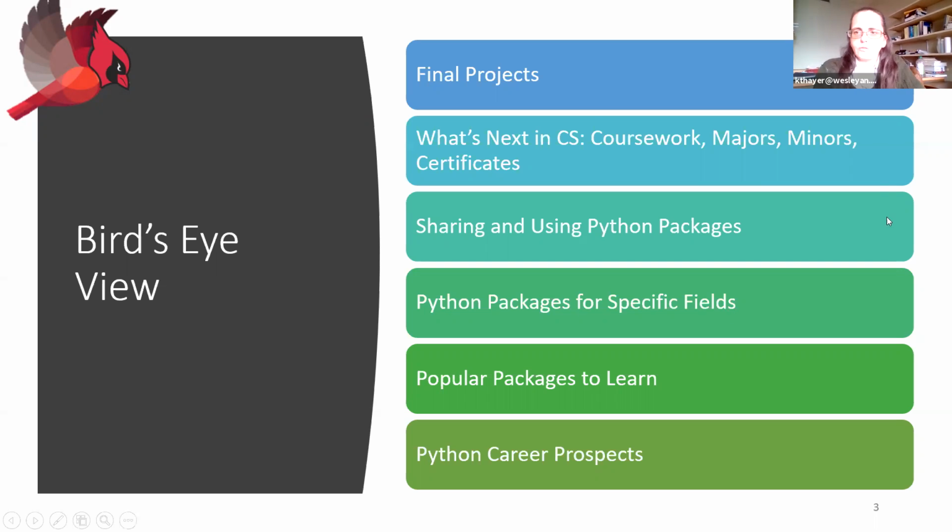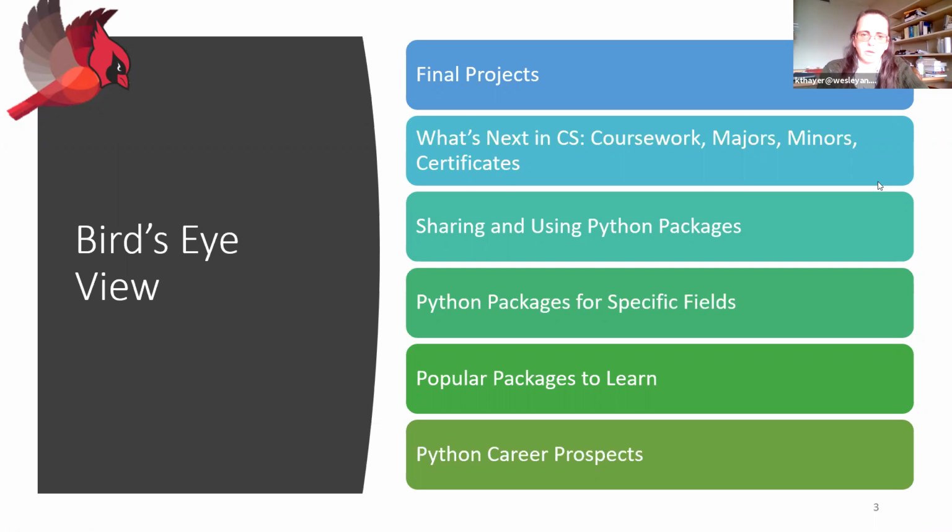All right, so this is an overview of what we're going to talk about in today's lecture. We'll talk about the final projects. Then we'll talk about what's next in computer science: coursework, majors, minors, and certificates, what you could pick.